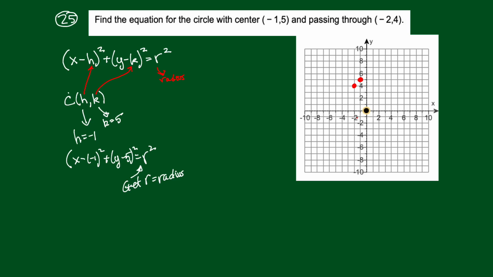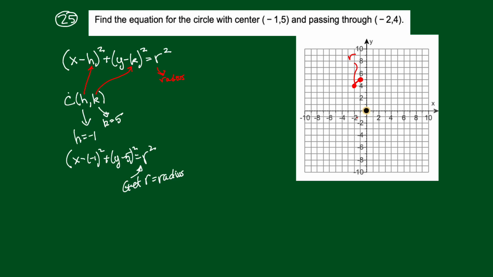So I'm going to go over here to my picture and find this distance. I'm going to put my pen at the center and go out to the edge. That distance right there, that's going to be r.